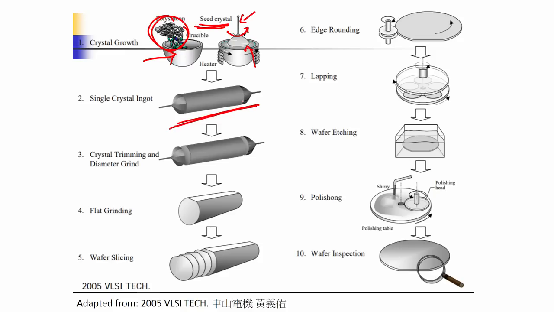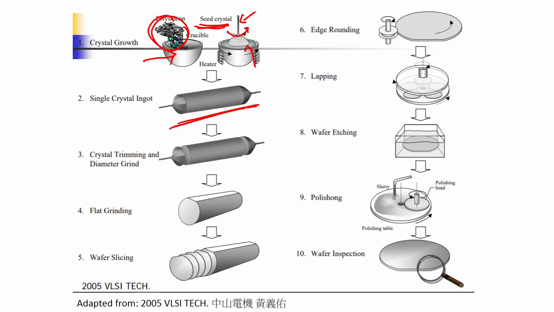Again, we are not going deep into each manufacturing process, we just have to understand quickly what the steps are, alright. So, I am not going into depth. If you see number two, which is the single crystal ingot, you get it. Once you get this, then you have to do crystal trimming and diameter grind.